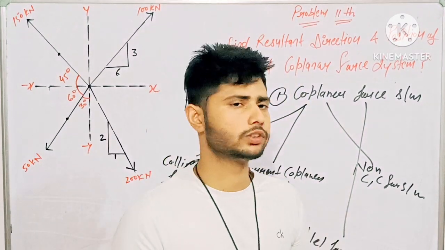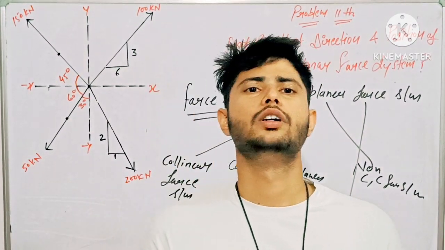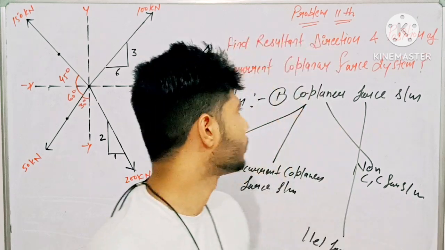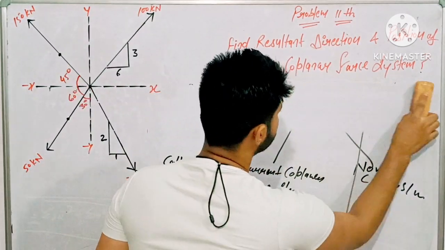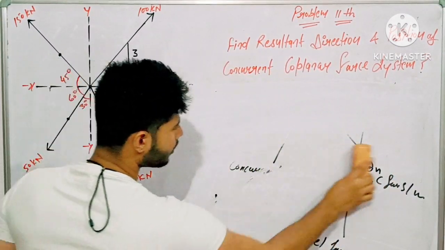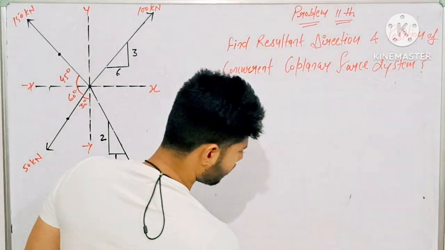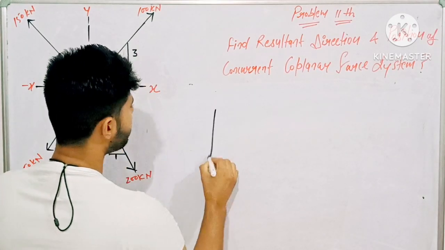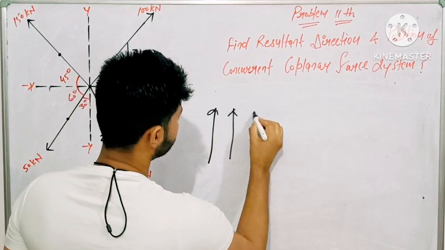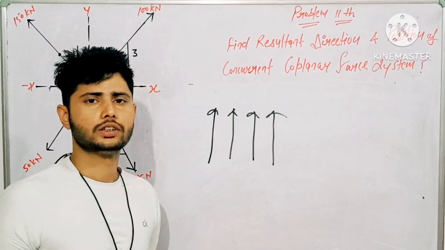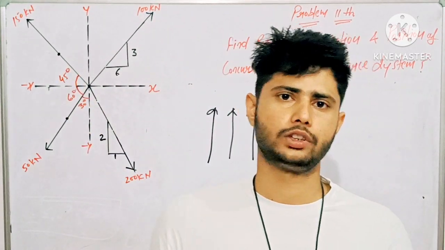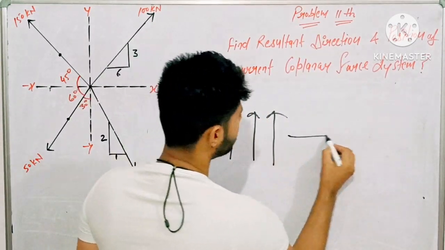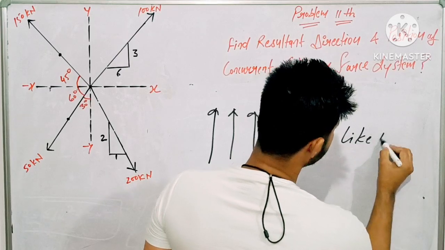Now next, parallel force system. When all the forces remain parallel to each other, then that force system is known as parallel force system. This is an example of like parallel force system.